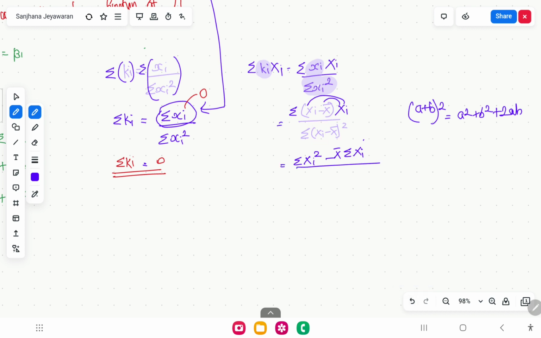So because of that, the denominator would be this xi square minus, instead of b square we will have x bar square, then instead of the 2ab we'll have 2 into xi into x bar. Okay, now remember the fact that we have a summation in front, so I will have to apply the summation all over here, here and here.